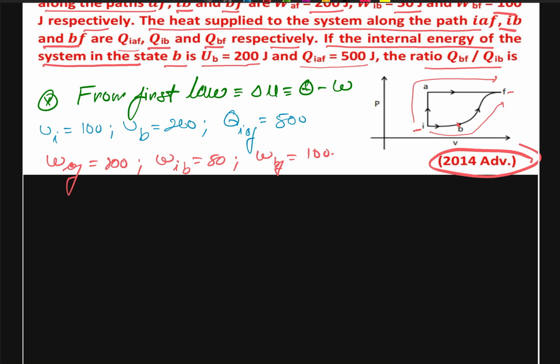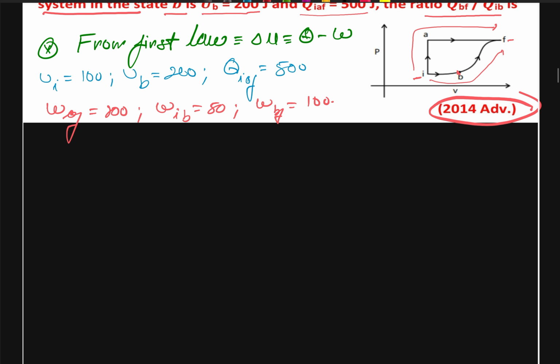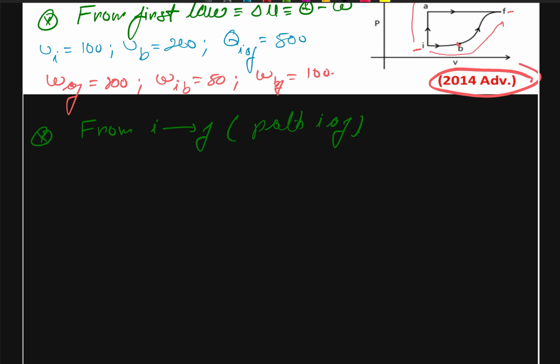So let us start for our I to F. So we can say from I to F, but in this case we are going to use path IAF. So we can just use the first law of thermodynamics, and this gives us that U final minus U initial will be equal to heat for our path IAF minus work done.